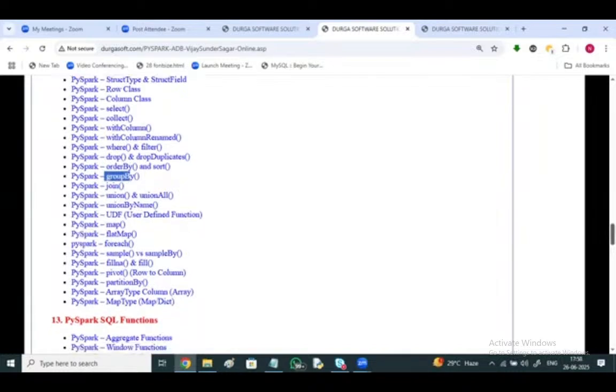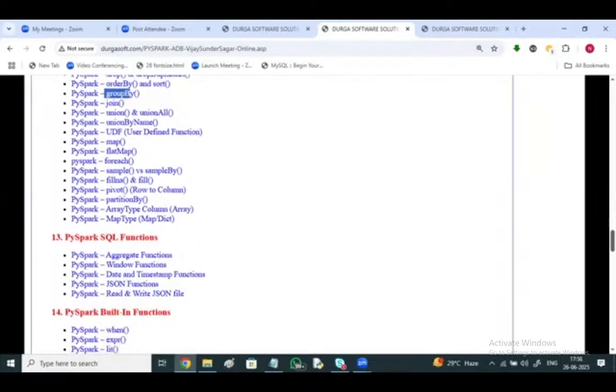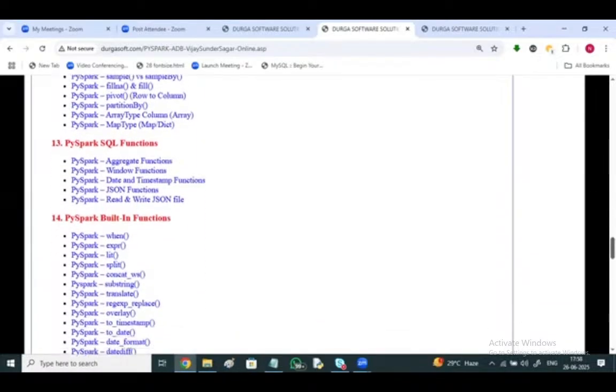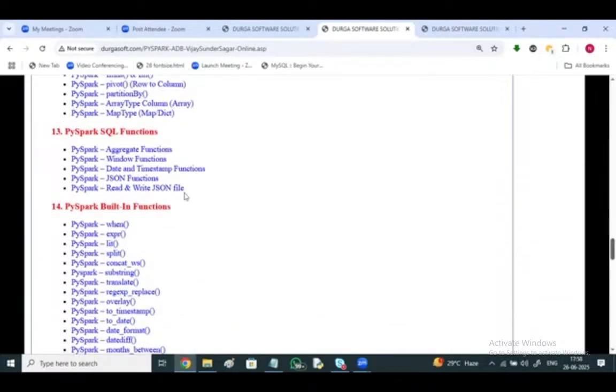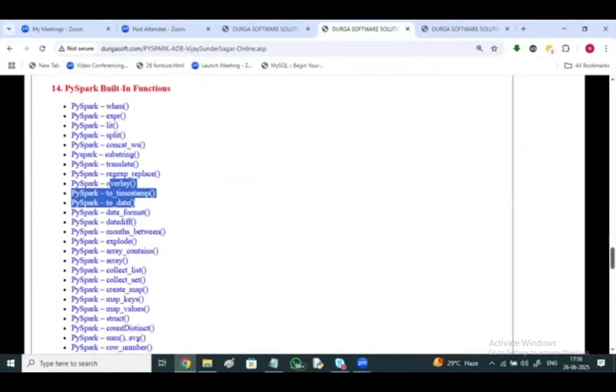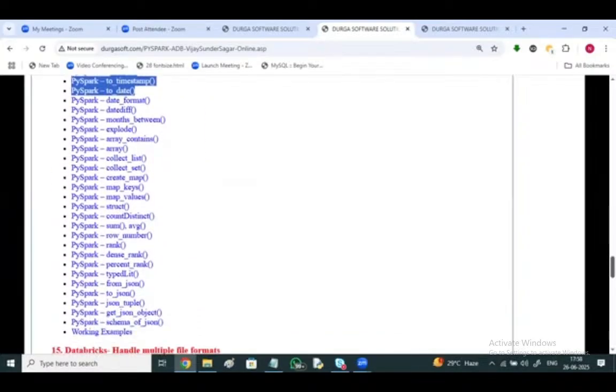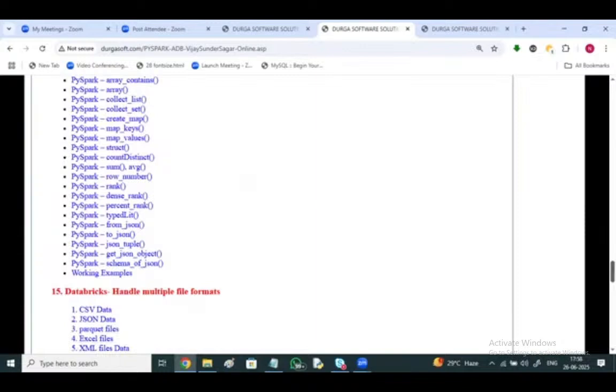For all those different operations, we'll be discussing different functions with working examples. PySpark SQL functions, window functions, functions for date and timestamp, for reading and writing JSON, and inbuilt PySpark functions like lit, split, substring, translate, overlay, to_timestamp, to_date. Many functions are there, including rank and dense rank.